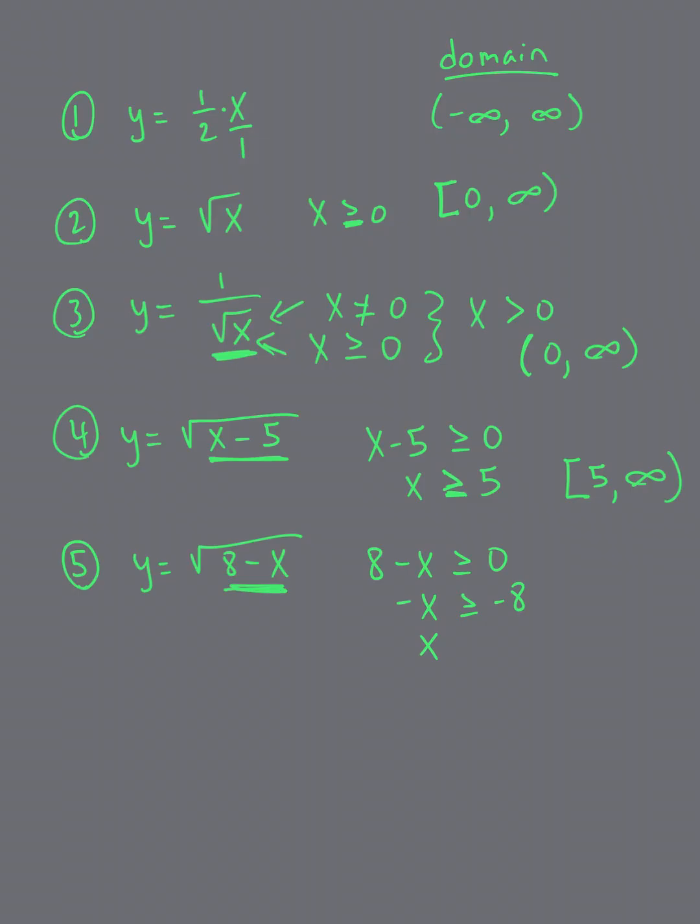When you divide or multiply by a negative number when you're solving an inequality, you have to flip the sign. So x is less than or equal to 8. So the less than means that we're going towards negative infinity, and 8 is included since it's the equal sign, so that has a bracket around it.